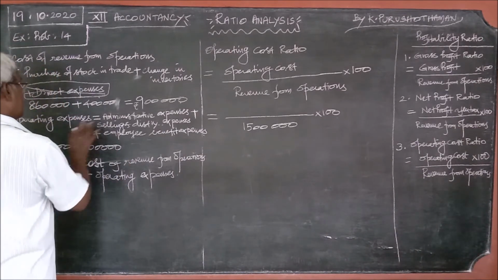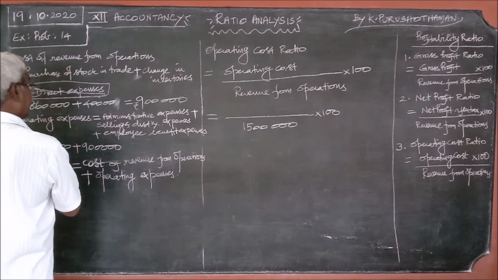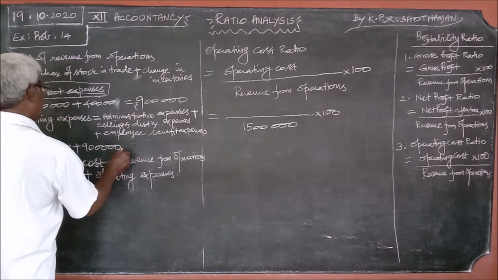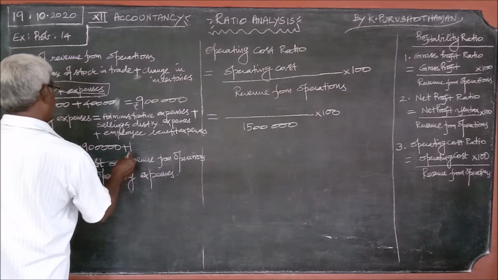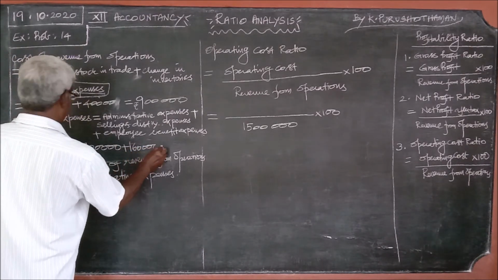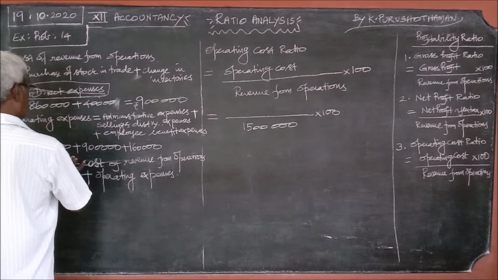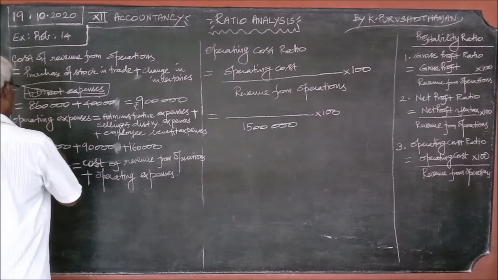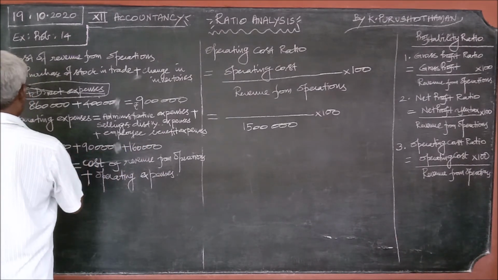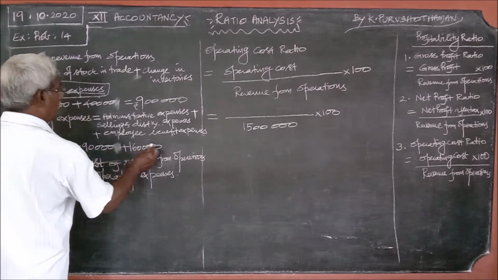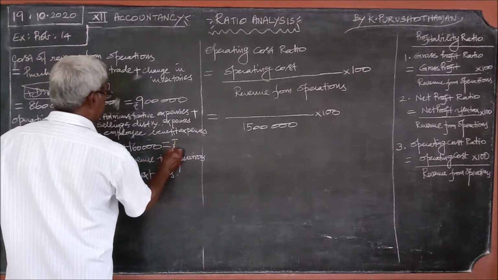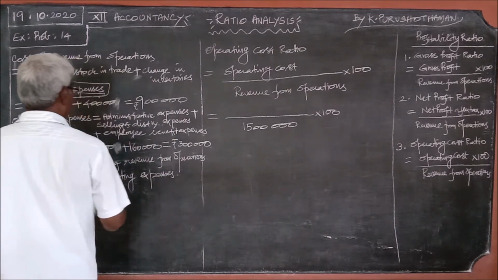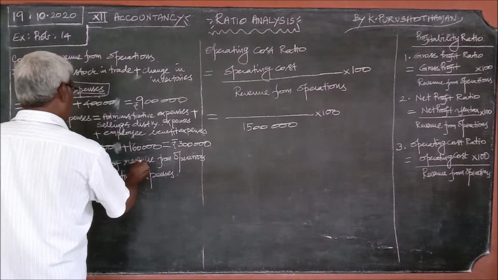From the other expenses we have selected these two from the notes given. If we add all, 50,000, 90,000 plus 1,60,000, this is 3 lakhs.